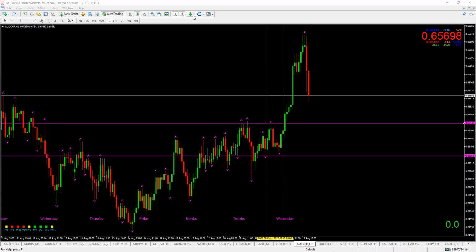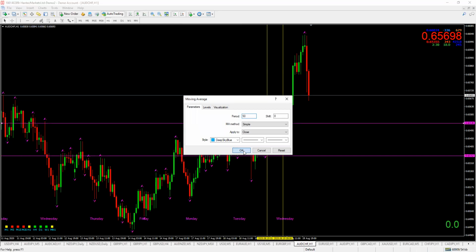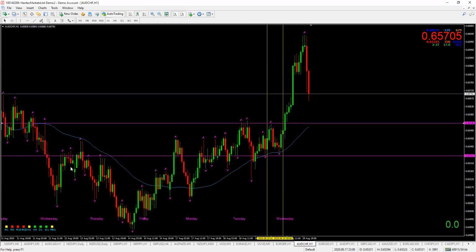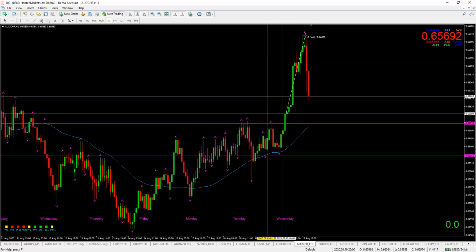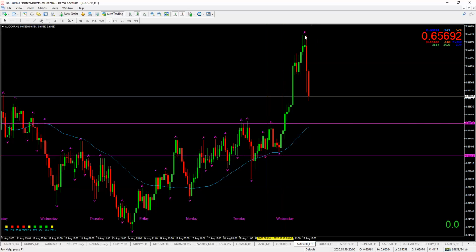If we pull up our moving average, it was indeed an uptrend in this area. Before then it seemed like a downtrend, but here was an uptrend. So we see this was the candle that broke it, and boom, 40 pips. Like I say, I scalp with it, but I also take long-term trades with it.